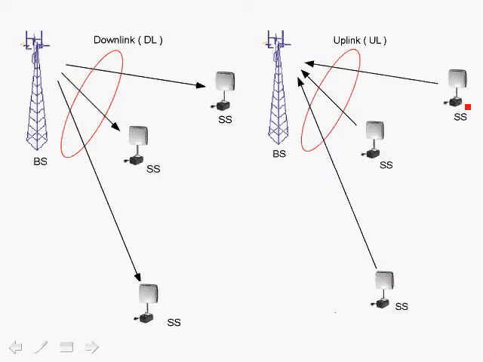For example, a distant subscriber would send at a higher power level than a nearby subscriber, which would be required to transmit at a lower power, and overall we would have a power management system such that a particular one would not dominate. This is going to be very important in OFDMA, as we shall see.